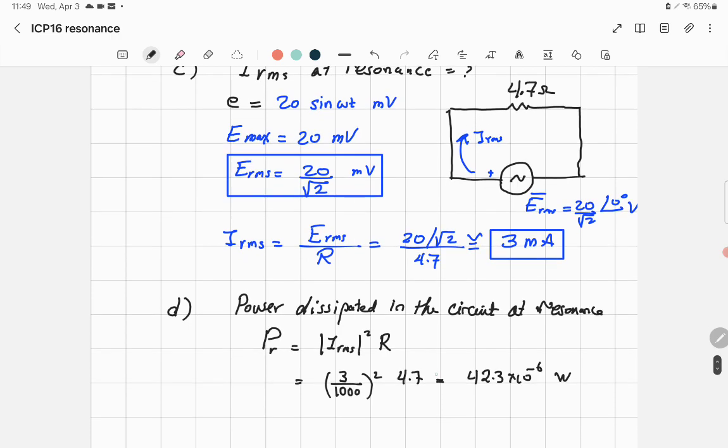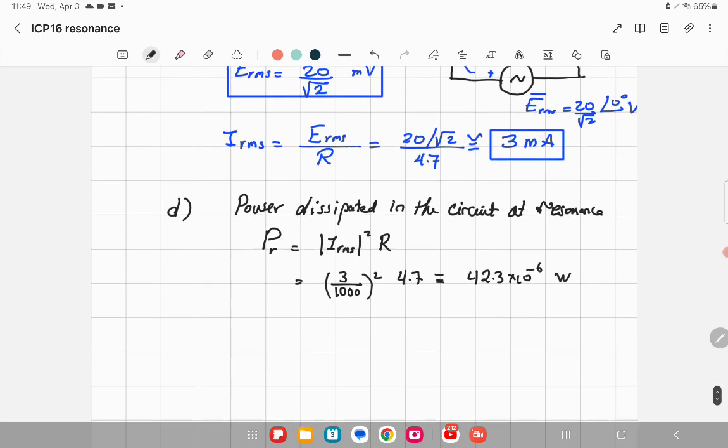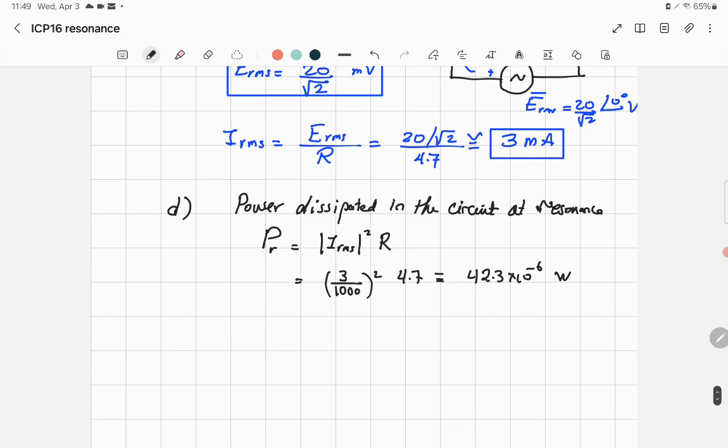That would be the power dissipated in this circuit. Of course you can convert it to milliwatt, whatever you want, but this is in watt.